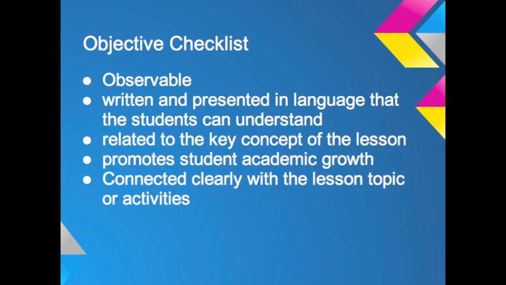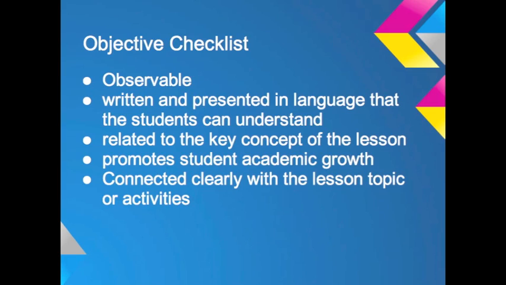Now, an objective checklist: you need to make sure they're observable. They're written and presented in language that the students can understand. Sometimes if you put compare and contrast, if you haven't talked about that, the student's not going to know exactly what that means. So you need to write it in a language that they understand.